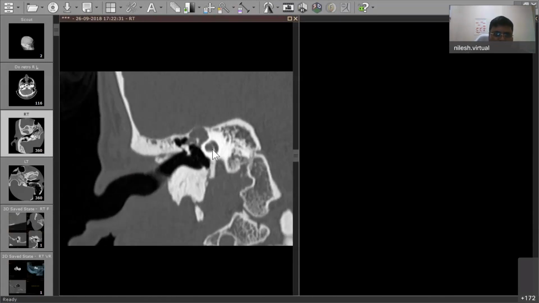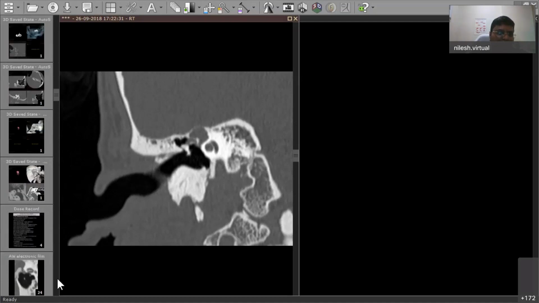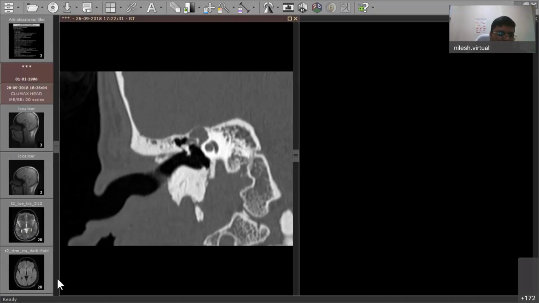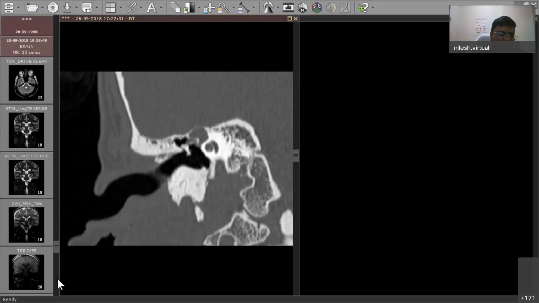So this is the area where the facial nerve is affected. We don't know what that disease is, as we cannot see clinically there. So we'll see what the diffusion is showing.